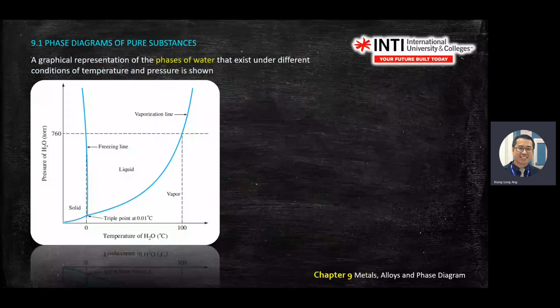Here you have three blue lines, and the areas represent phases. The first region on the left is the solid phase. In the middle is liquid. At the bottom is vapor.